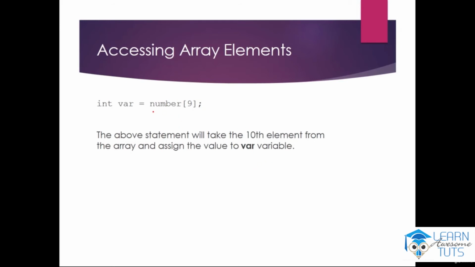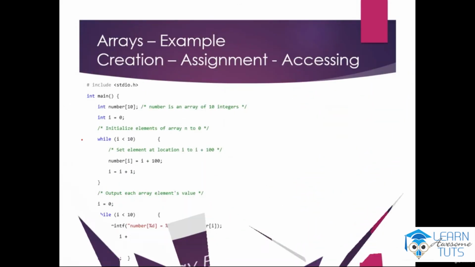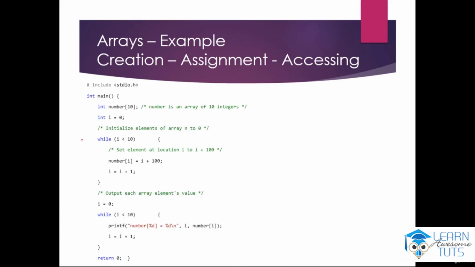So the array is number, the index is 9, and the value of this element will be stored in the variable named var, which stores integer values. So this is an example that uses all the above mentioned three concepts: creation, assignment, and accessing arrays.